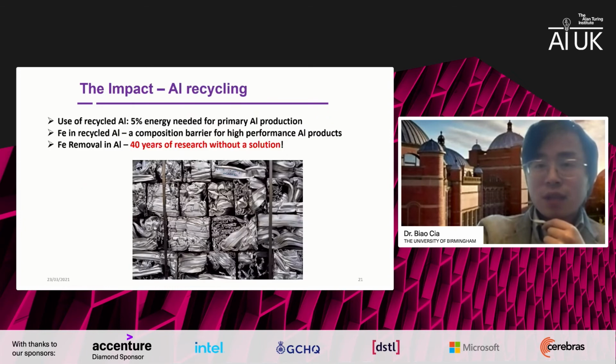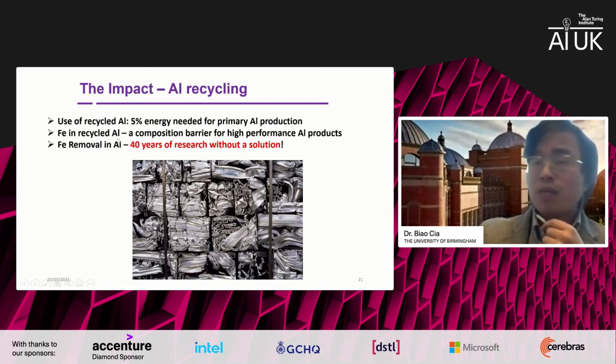And another is to find a solution for something that has been unable to be tackled for a long time. For example, in recycling of aluminum alloys. Recycling of aluminum alloys consumes only 5% of the energy needed for primary aluminum production.